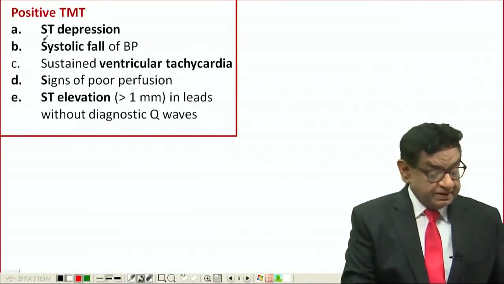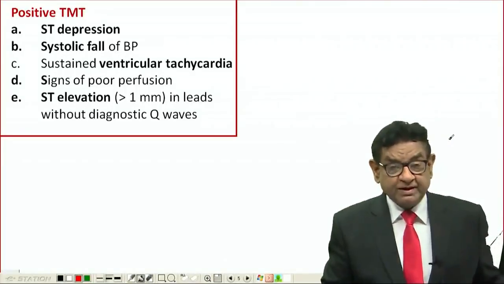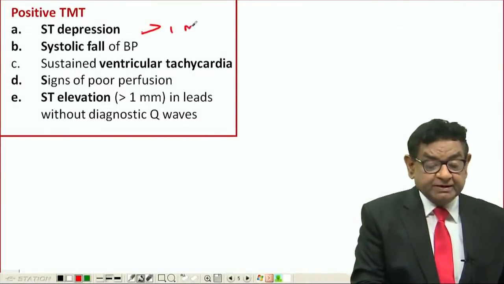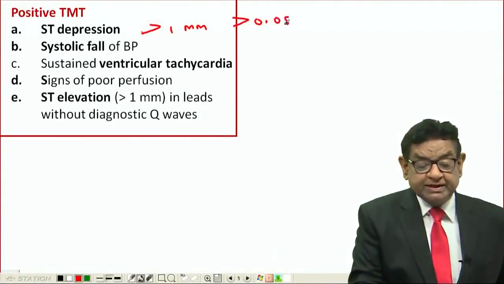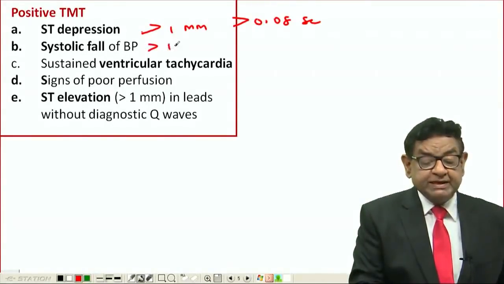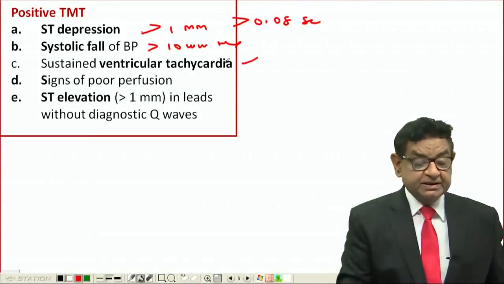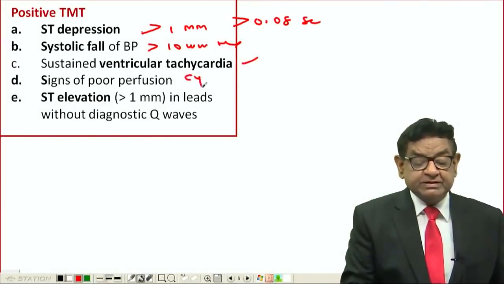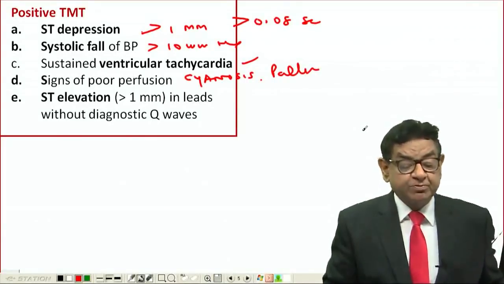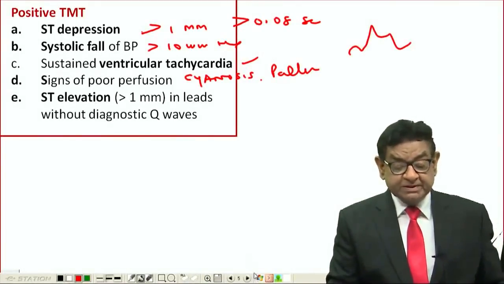Now the criteria of a positive TMT: ST segment should be depressed more than 1 millimeter for at least more than 0.08 second, or a systolic fall of BP of more than 10 millimeters of mercury, or if we are getting sustained ventricular tachycardia in the ECG, or we are getting signs of poor perfusion, such as cyanosis or pallor, or we may get ST segment elevation, which we typically get in Prinzmetal angina.